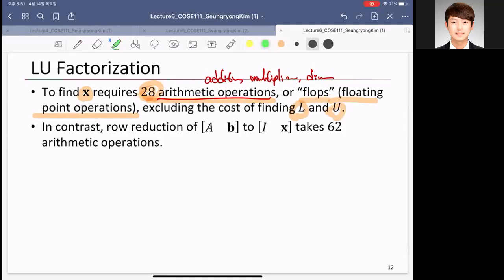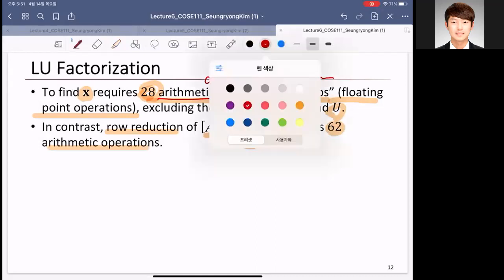In contrast, we will skip this one, but if you row reduce [A b] directly to [I x] to find the solution x, it takes 62 arithmetic operations. If you don't believe this one, please do it yourself.